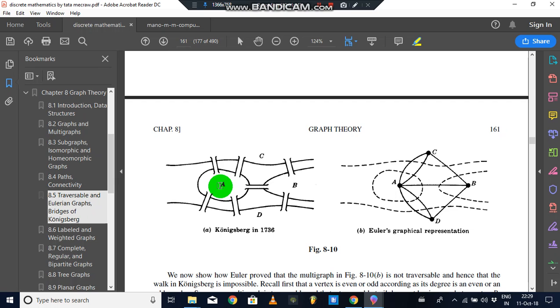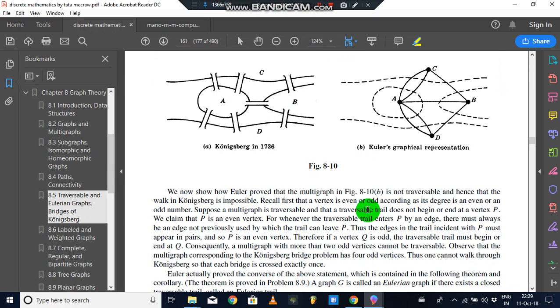Suppose we have four nodes A, C, D, B. This is the edge A to C and C to A, and this is also A to D and D to A. This is A to B and B to D, also directed.